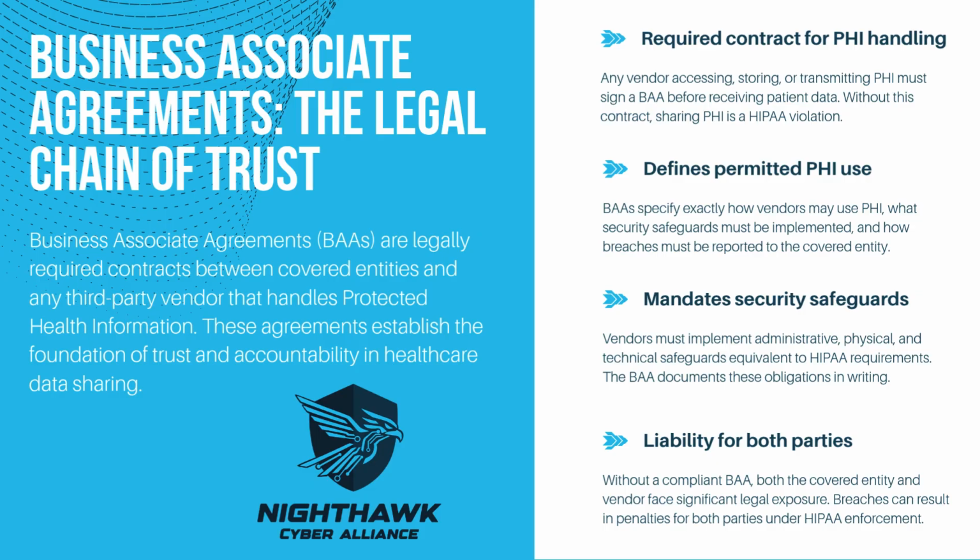BAAs define exactly how vendors may use PHI, what security safeguards must be in place, and how breaches must be reported. They also mandate that vendors implement administrative, physical, and technical safeguards equivalent to HIPAA requirements. Without a compliant BAA, both the covered entity and the vendor face significant legal exposure.